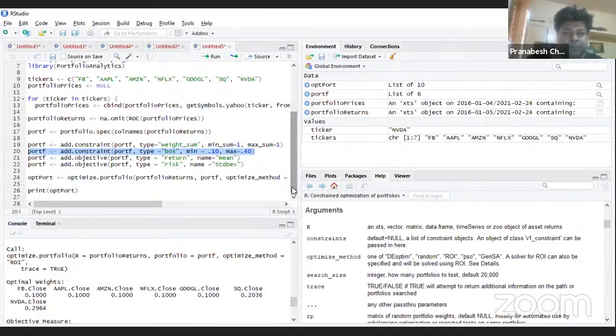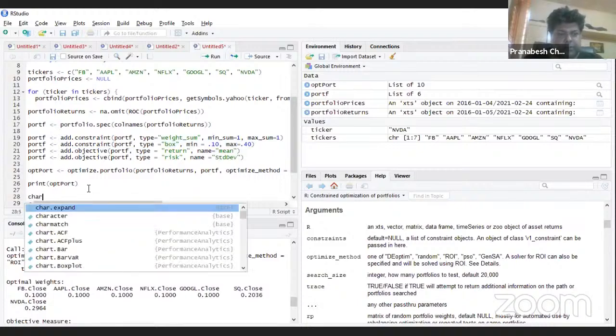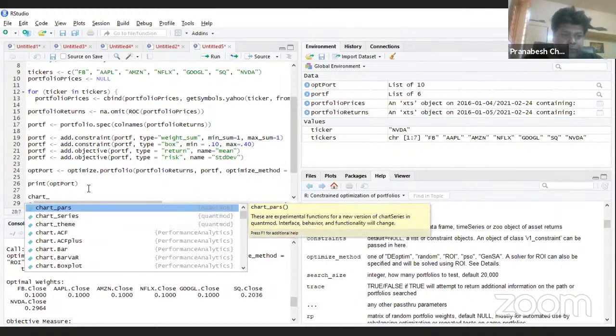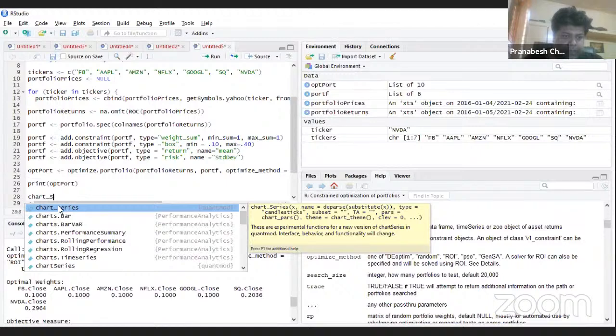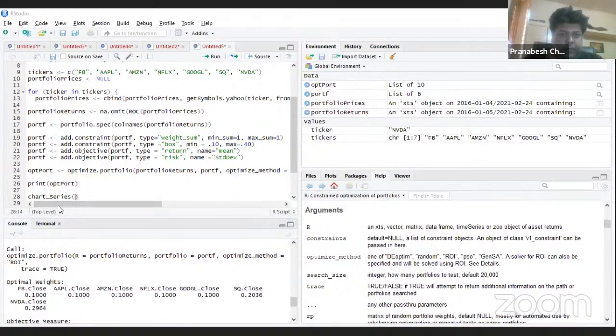Good. Let's print our chart series. What I basically want is not to use charts, so let's say chart weights. I want to see weights because that is the most important thing that we did, right? Let's run it.